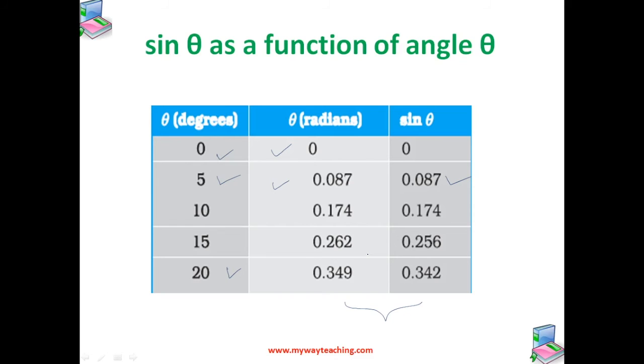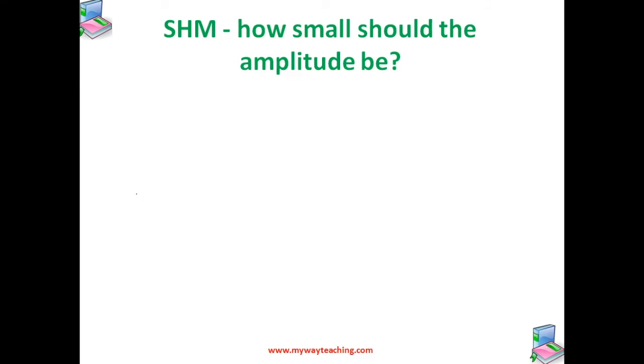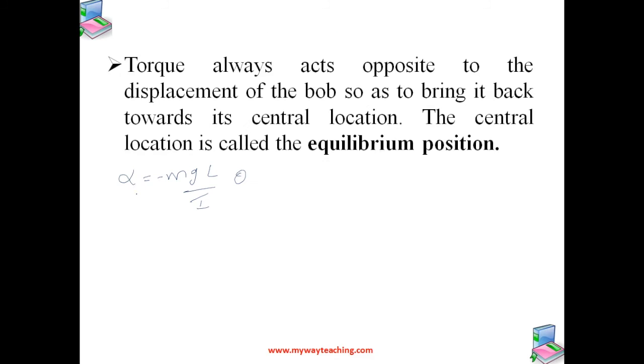For small theta, the motion of the bob is simple harmonic. So the value of angular frequency is given by the square root of mgL by I, and we can write the period T is equal to 2 pi square root of I by mgL.